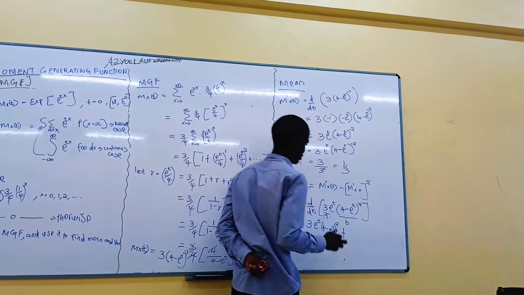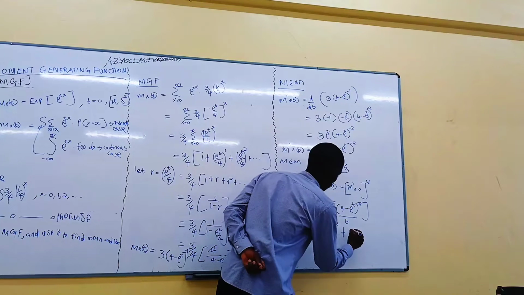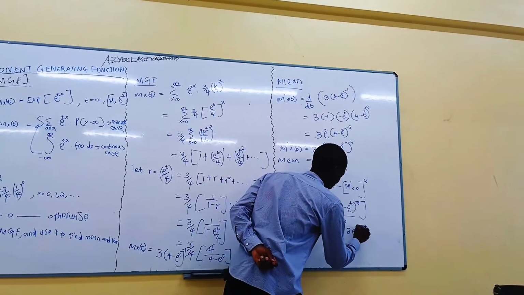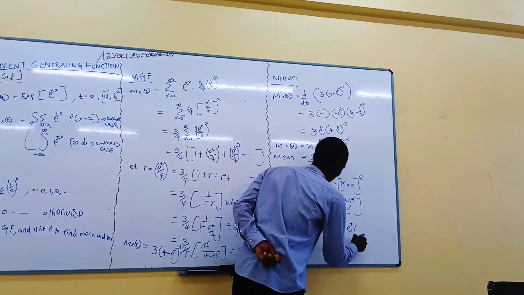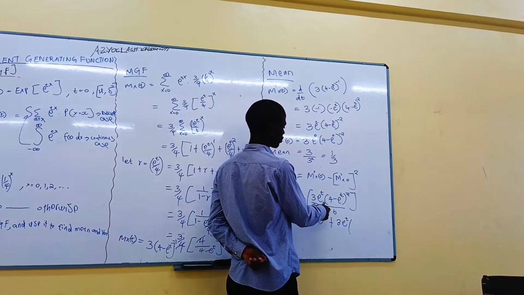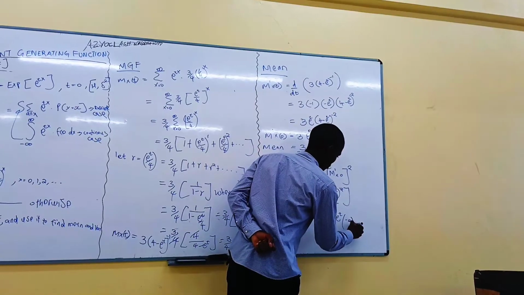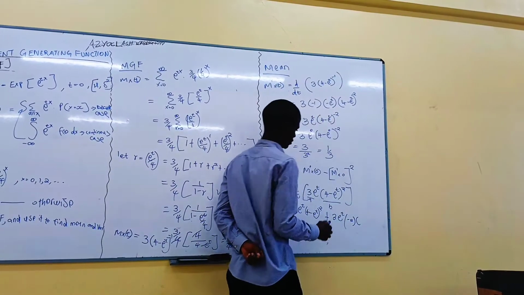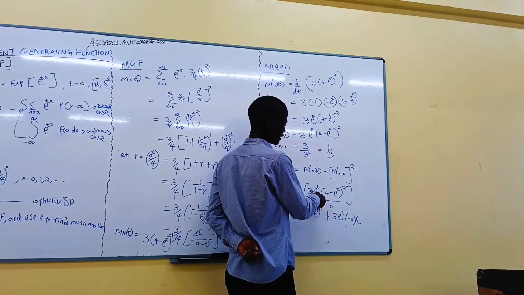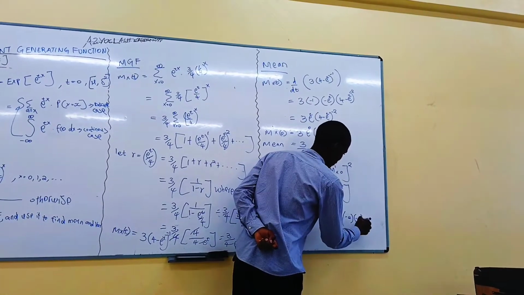We add. So we are going to hold the part a, which is 3e^t. Then multiplying by the second part, we differentiate the second part. If we differentiate the second part, we write the negative 2. Then the differentiation of what is inside the bracket is going to be negative e^t.